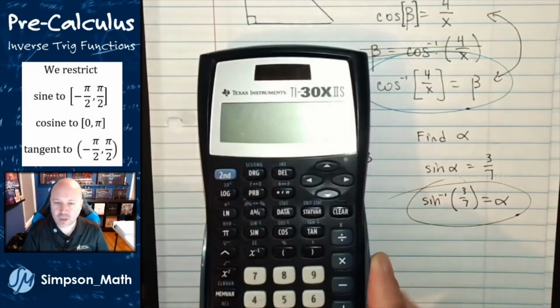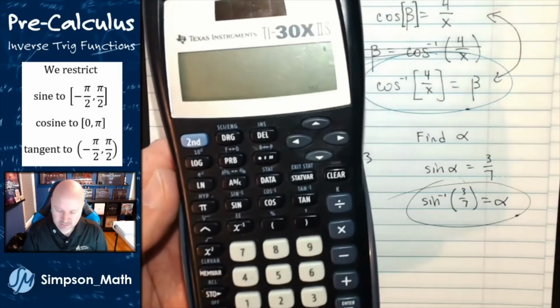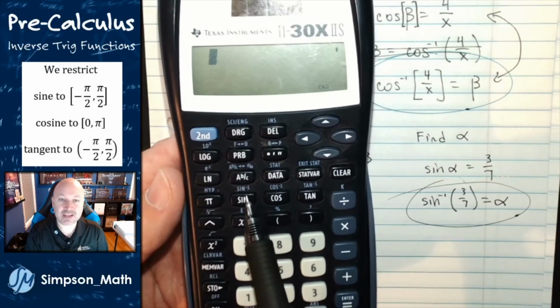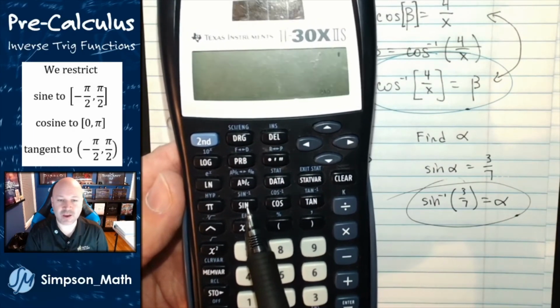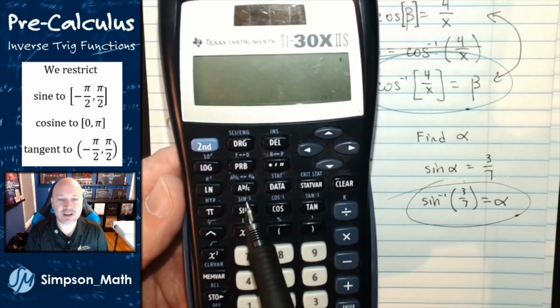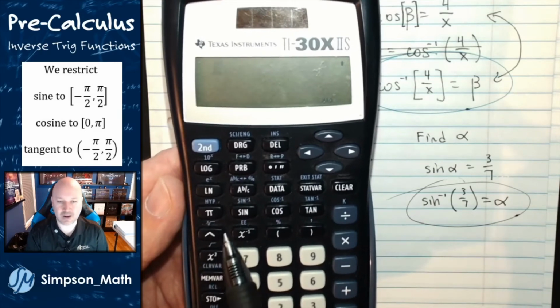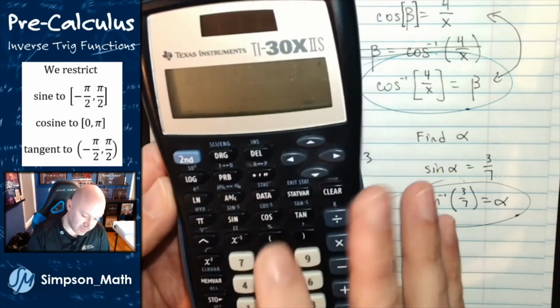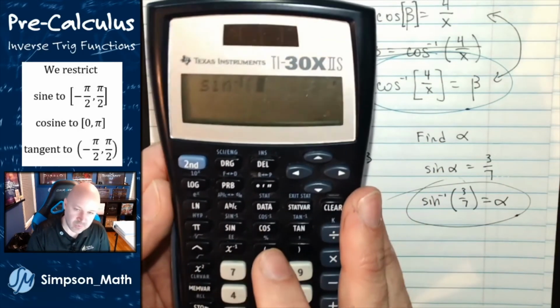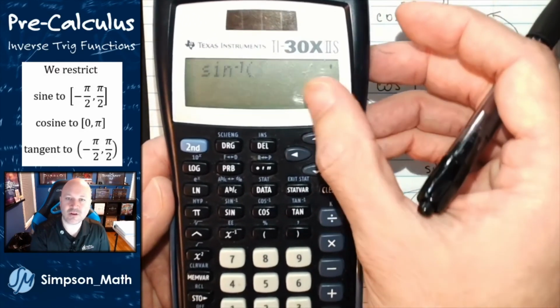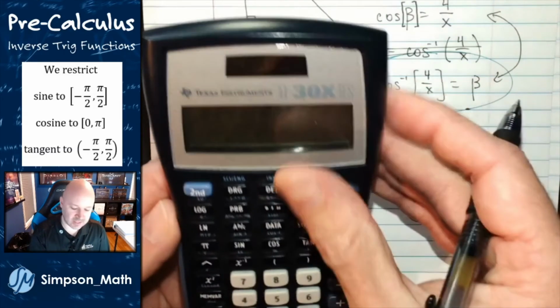So your calculator will have a sine inverse button. Mine's right on top of the sine. Now again, this is not cosecant. This is not the reciprocal of sine. This is inverse sine. So I'm going to hit inverse sine. I'm in radian mode right now, so whatever angle it gives me will be in radians.